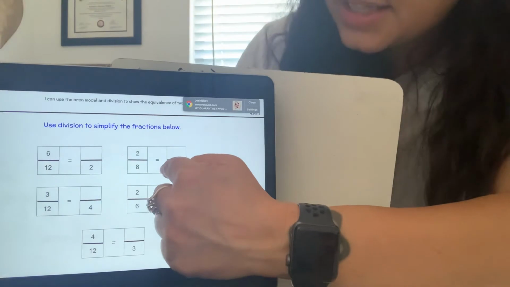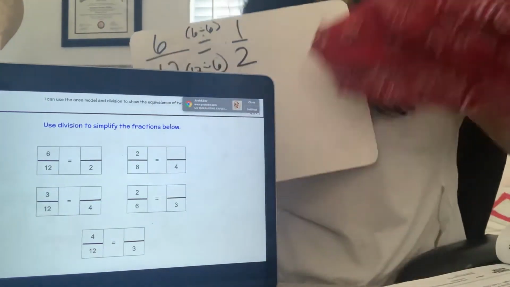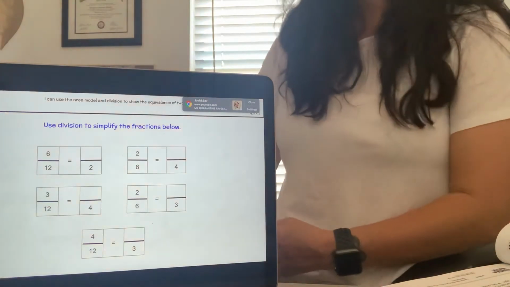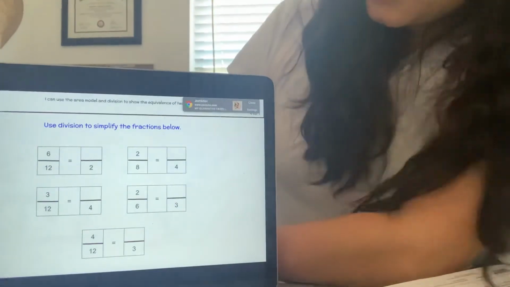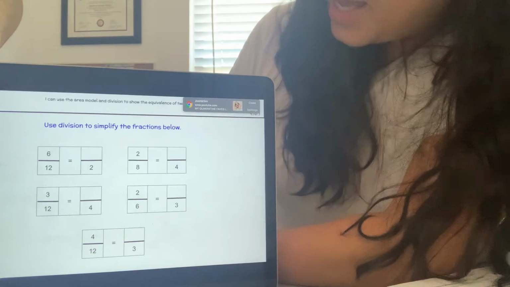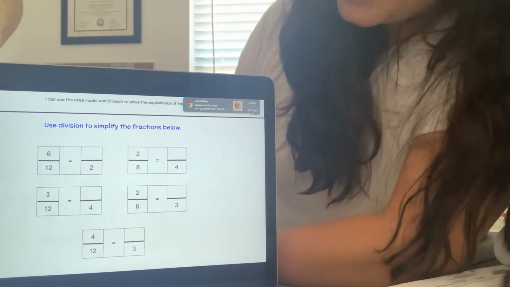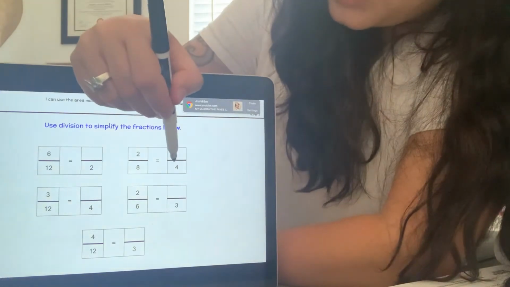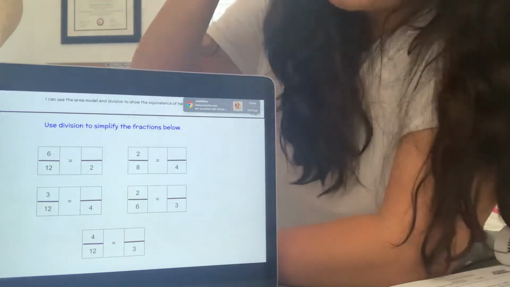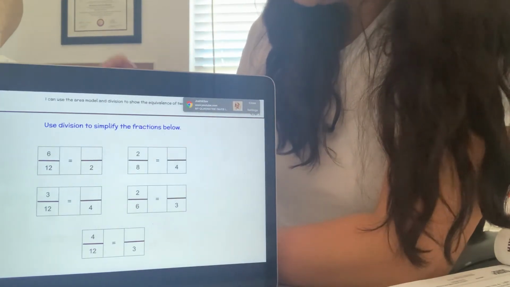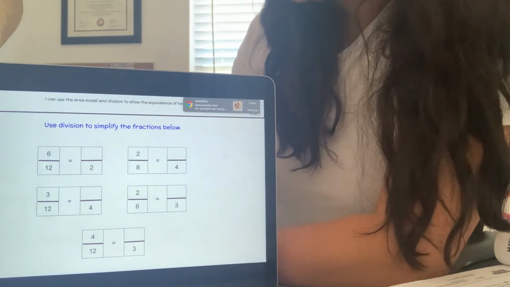So we have 2/8 is equal to blank over 4. Okay, well, let's see. What did they divide 8 by to get 4? Well, I know that 4 can go into 8 2 times, so it must have been 2. So 8 divided by 2 is 4, so I better divide 2 by 2.